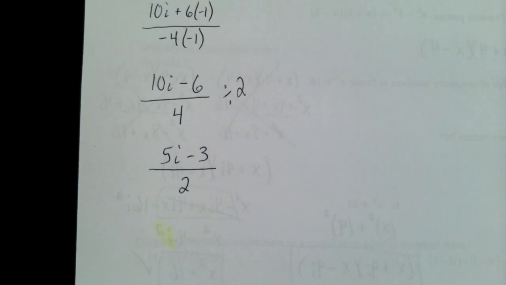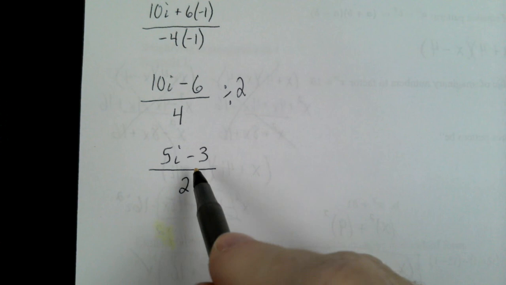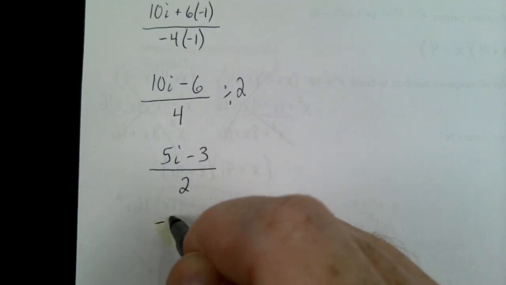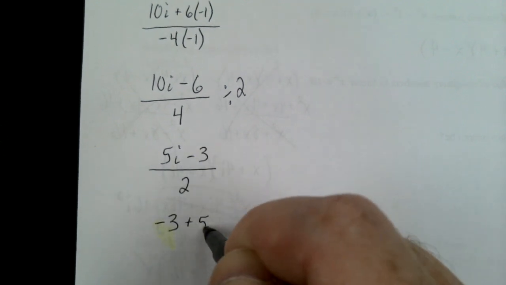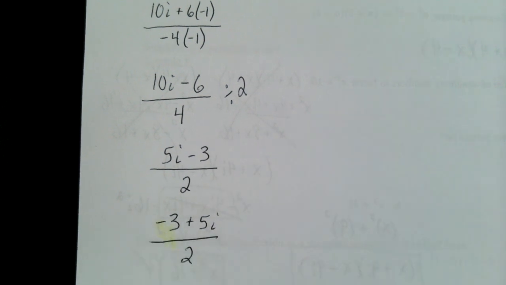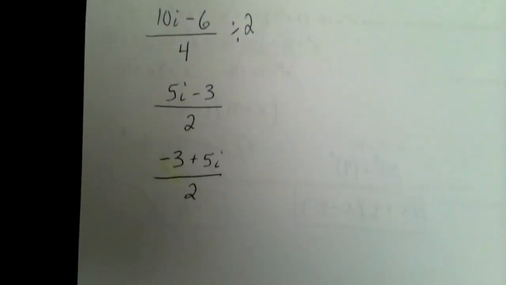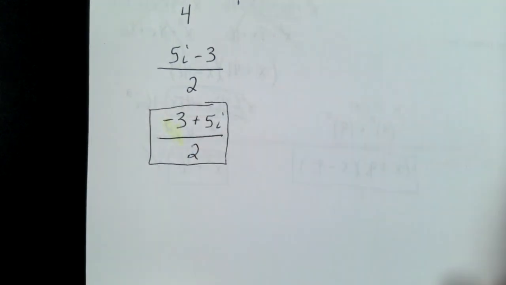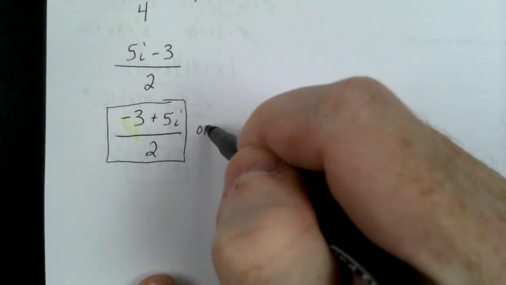Okay, so now let's put it in proper standard form. The real number needs to be listed first. So we have negative 3, positive 5i over 2. Okay, and that is the answer. Now, I'm not sure what it looks like in the Edulastic at this moment. Just know this means the same thing if I give them each their own denominator.